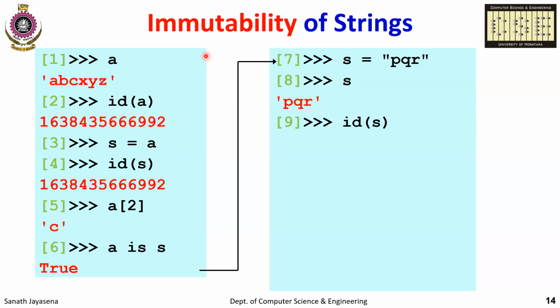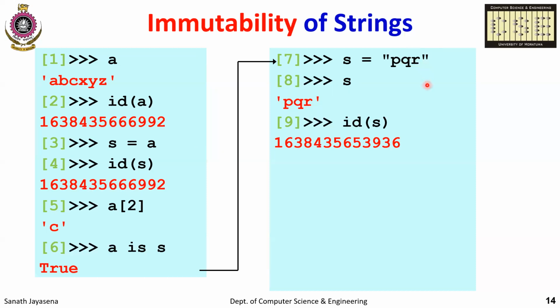To make sure, we check the ID, and what do we see here? Its value is different from the earlier ID of S. That means the earlier ID of A is different, and that is the same thing that we saw with integers, right? What has happened is that when you say S equals PQR, a new string object has been created with value PQR, and S is referring to that new object.